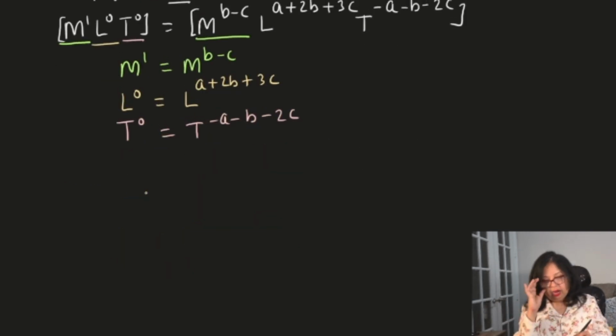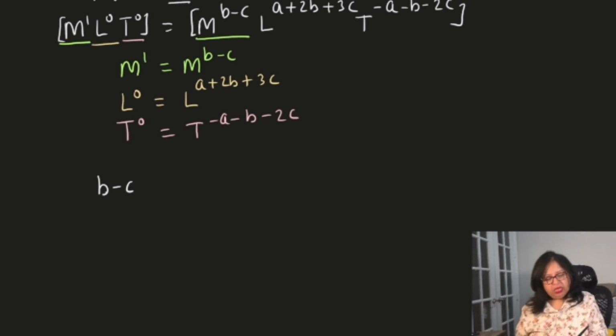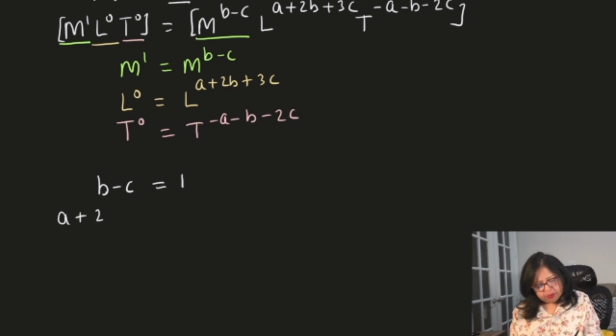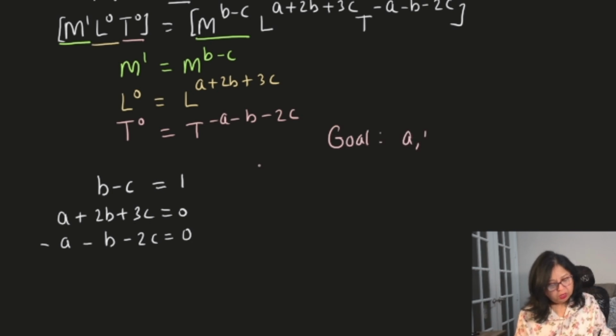So from here, you know what I'm going to do next. I get b minus c equal to 1, a plus 2b plus 3c equals 0, minus a minus b minus 2c equals 0. And our goal is to solve for a, b, and c.